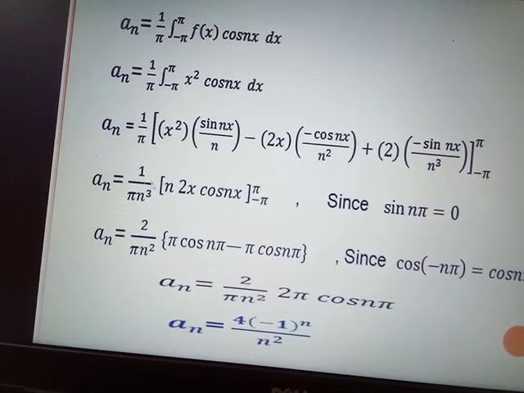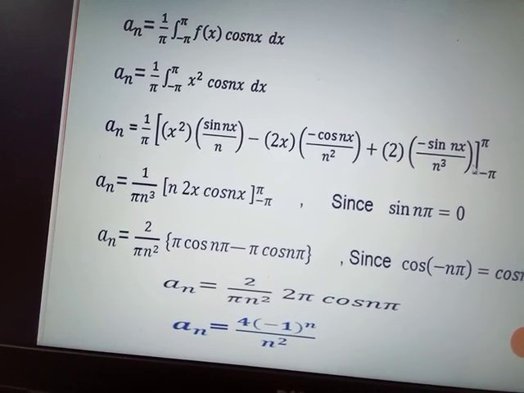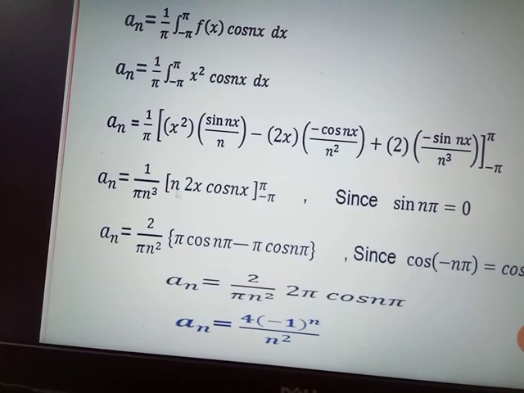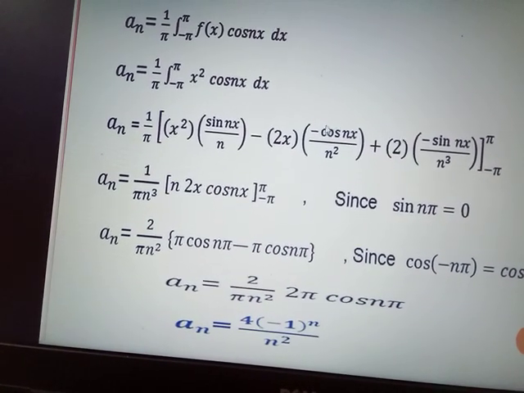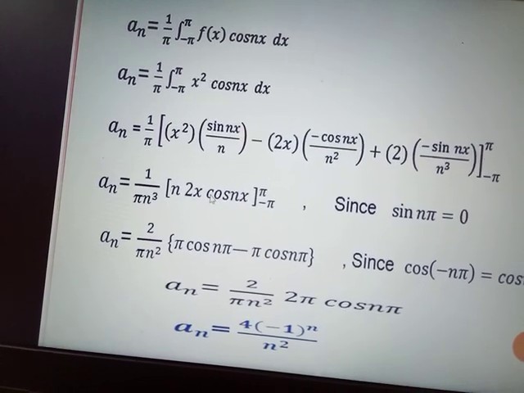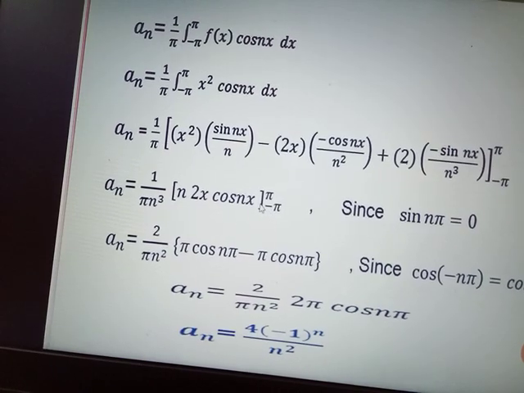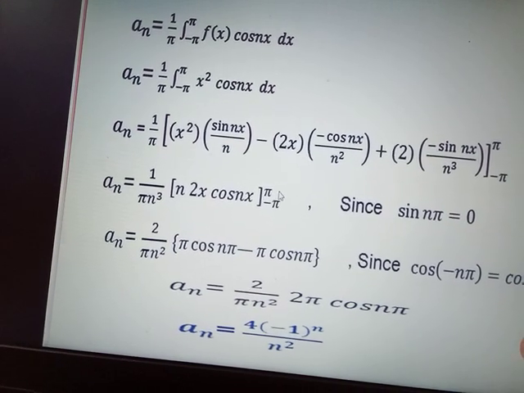According to that, an is equal to 1 by pi n square. I am taking n square common from all these three terms and multiplying the middle term by n. We get n into 2 pi cos nx. Limits from minus pi to pi.